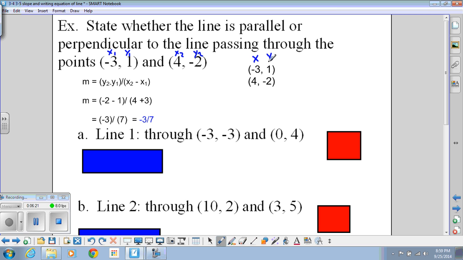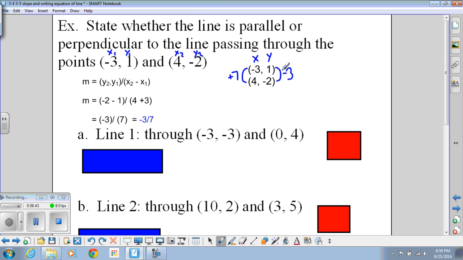All I have to do is say, how much did this change from here to here? If I went from +1 to -2, that went down by 3. And then on the x's, from -3 to 4, I went up by 7.